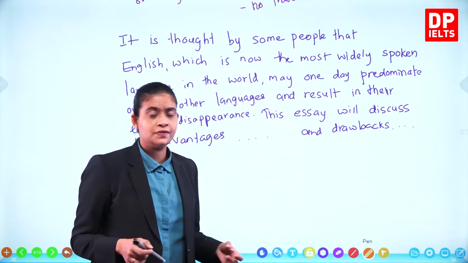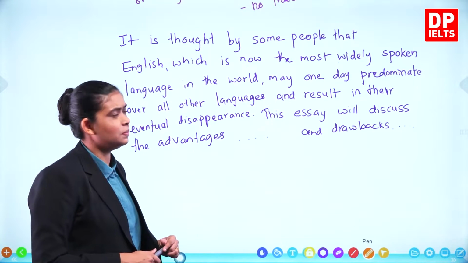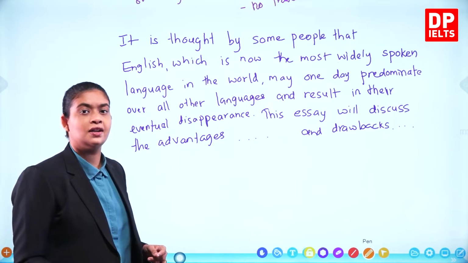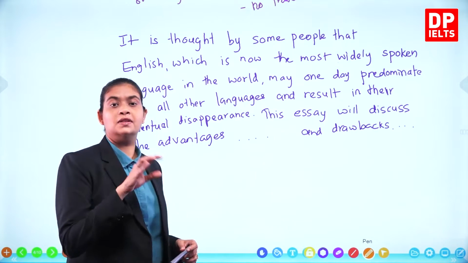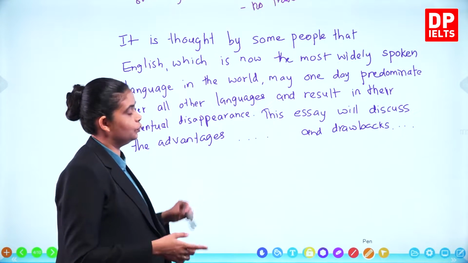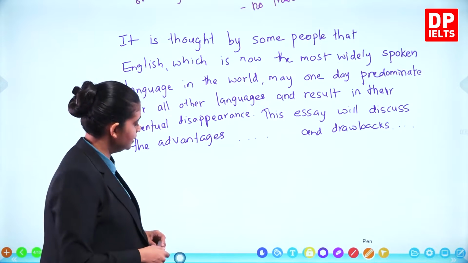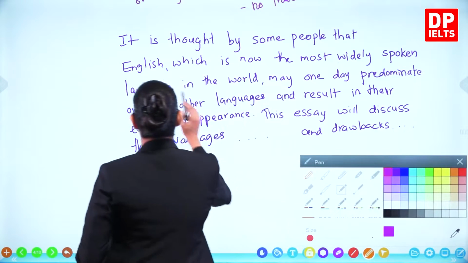They haven't asked us for an opinion, so I haven't put an opinion, right? Some students tend to put it, but I feel that's not needed unless they ask you for it, okay? So in the question, if they ask you, write the advantages and disadvantages and what is your opinion, then you could also put your opinion, all right? Okay, so this bit is basically paraphrase the question.